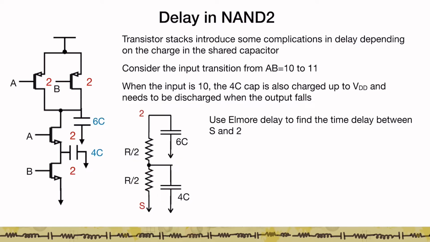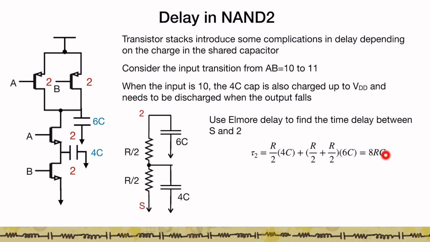Now I want to find the Elmore delay for the falling transition. When I use the Elmore delay, it's going to be R/2 into 4C plus R/2 plus R/2 into 6C, which works out to be 8RC.